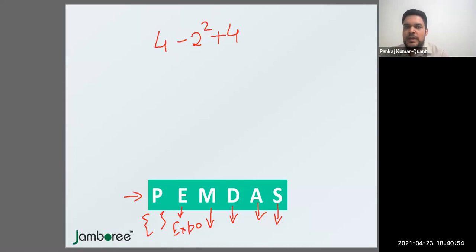So what I did, I solved it. This is 4 minus 4 plus 4. This 4 is cancelled with this 4 and left with 4. That's what I was able to relate here. I hope everyone is clear that we have used some calculation here. That's what we've done.